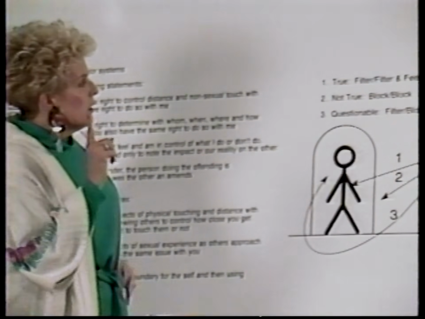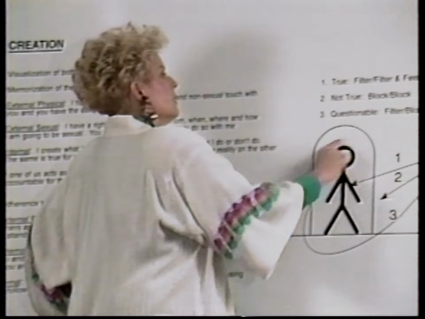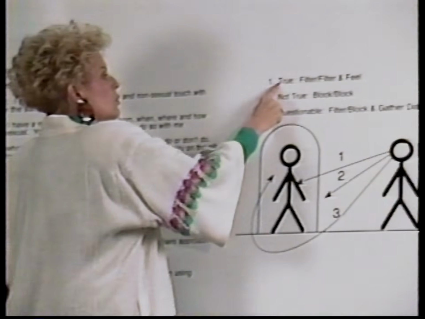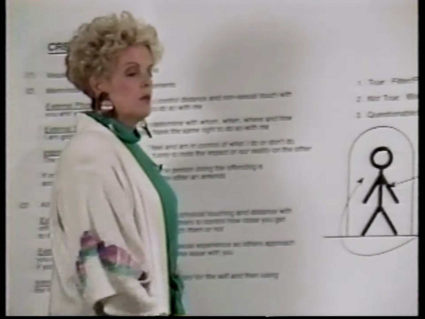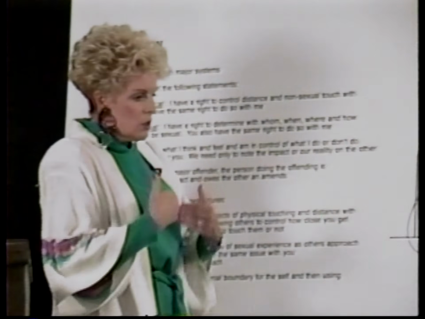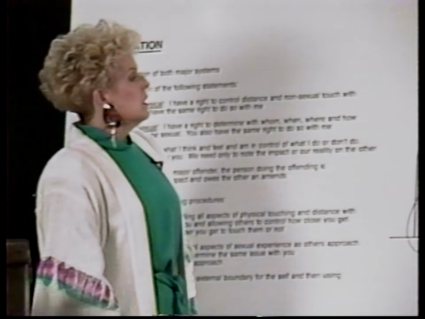But the second thing that Bill has to do as he's listening is to determine if what Corky is telling him is true, not true, or questionable. So what is Bill doing now as he's using his internal boundary with Corky, because Corky is sending her reality at him?